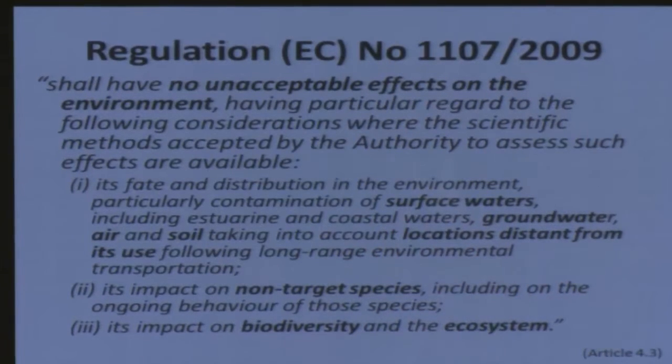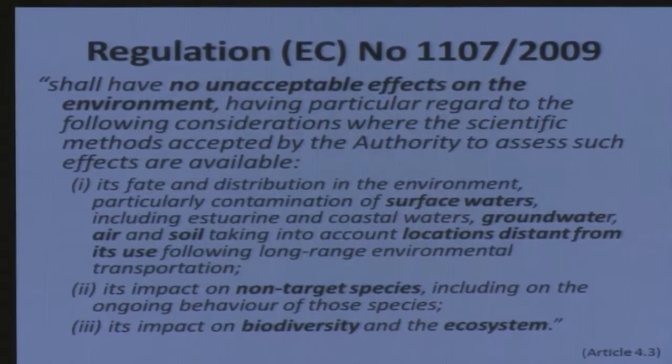Now, legislation gives us some general framework for what those protection goals should be. So, for instance, Regulation 1107 applies to plant protection products, and it states quite clearly that plant protection products should have no unacceptable effects on the environment. It goes on to define what it means by the environment.